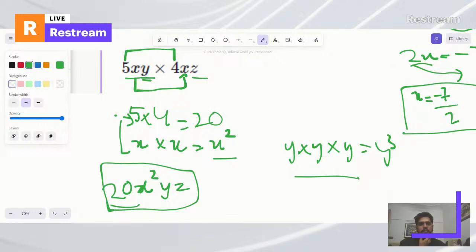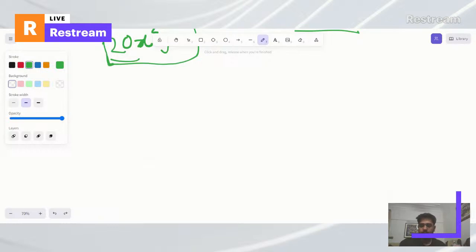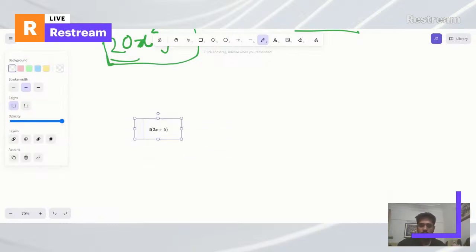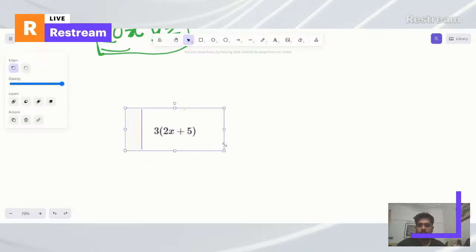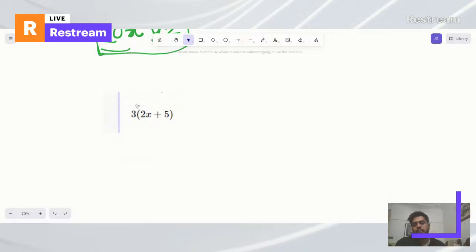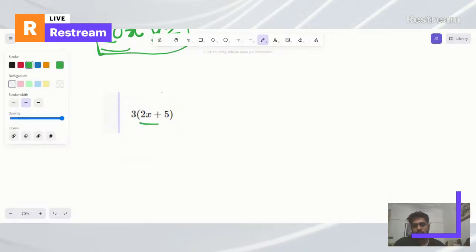Okay, so another part is this. Okay, so this is the other part. It says 3 multiplied by, all right, so the bracket indicates that this whole thing is being multiplied by 3.